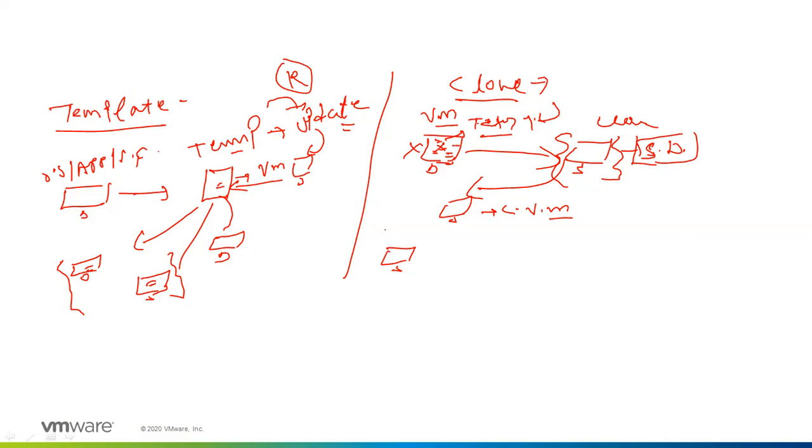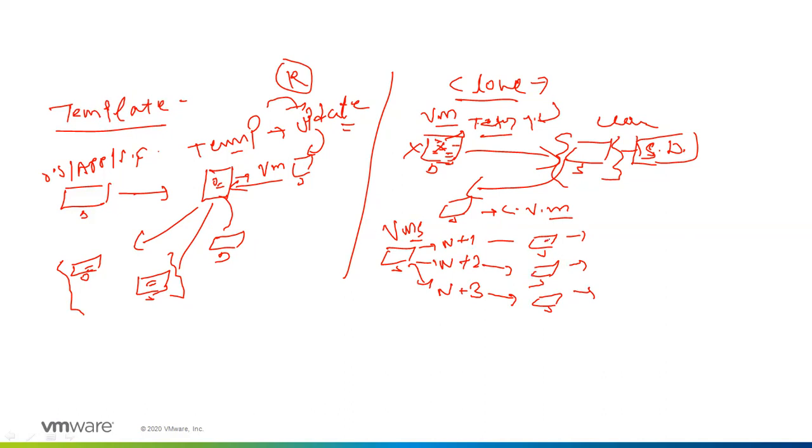Because this is a running VM, but a template is stable. In a running VM, a number of changes keep on happening. If you create the first VM, the configuration will be different, the second VM configuration will be different, the third VM configuration will be different.